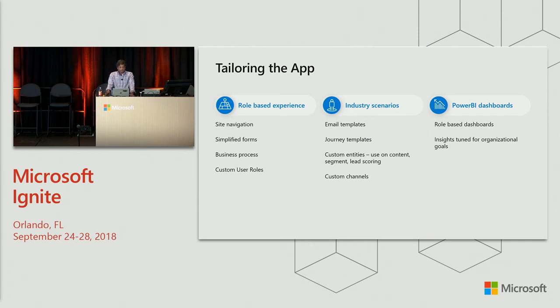You can build all these templates, email and journey templates, to focus on the scenarios that you need. You can create custom entities, relationships, which can be used in dynamic content, scoring, segmentation, all of these aspects. And I covered Power BI dashboards briefly. All of these combined together can yield a very, very powerful and tailored app for your businesses.